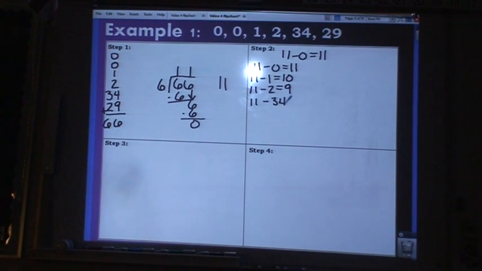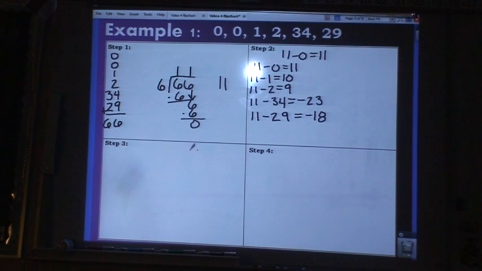This is why we have to do the absolute deviation, but just for now, so you know, that is negative 23. Then we're going to have 11 minus 29, which is negative 18.